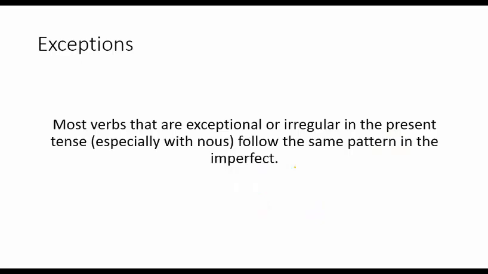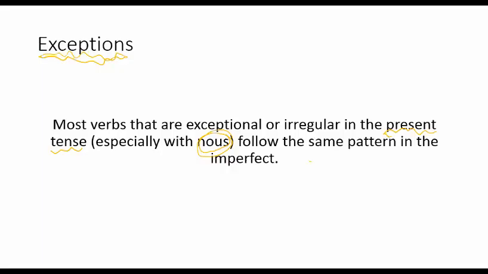Okay, so there are exceptions, as there always are in French, but these ones are actually really logical, and you can think your way through them as long as you know the rules. That's why it's one of my favorite verb tenses. So, most verbs that are exceptional or irregular in the present tense, especially with nous, follow the same pattern in the imperfect.